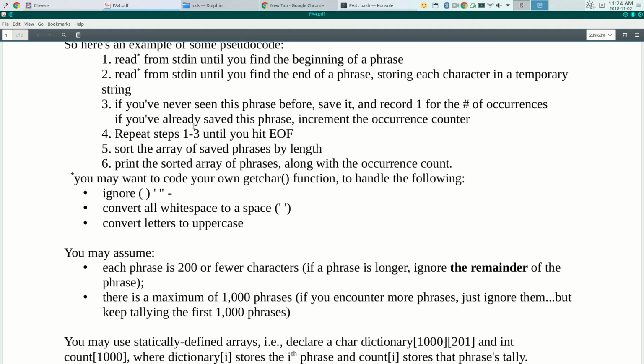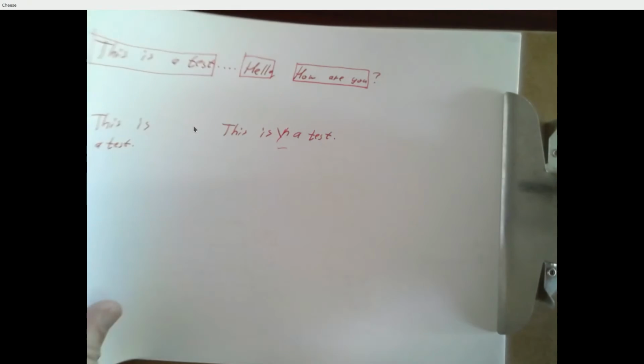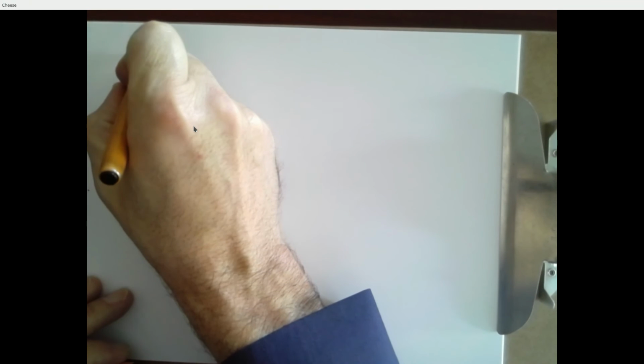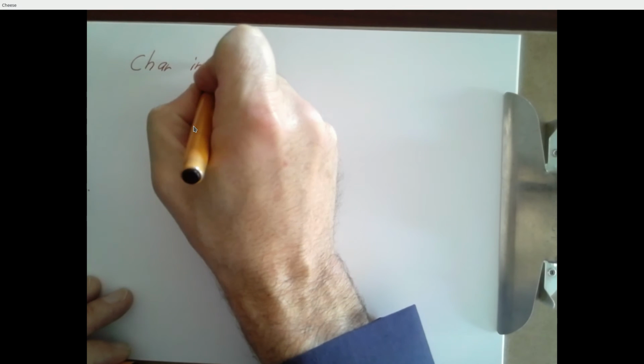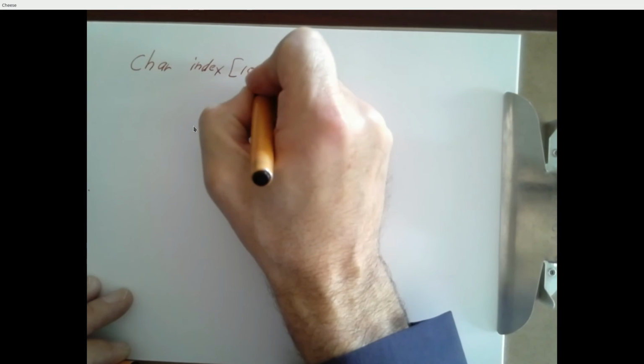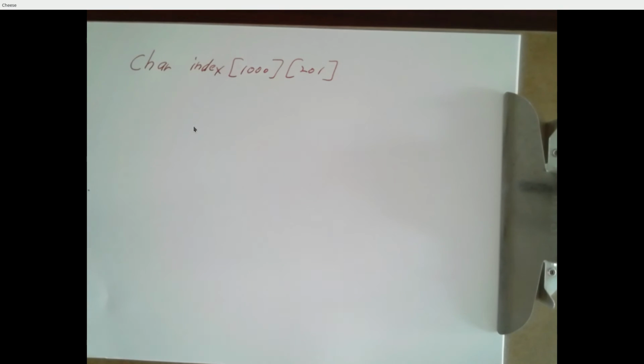So with these two assumptions, you can make your index look like this. It can be a statically defined array, 1,000 by 201.